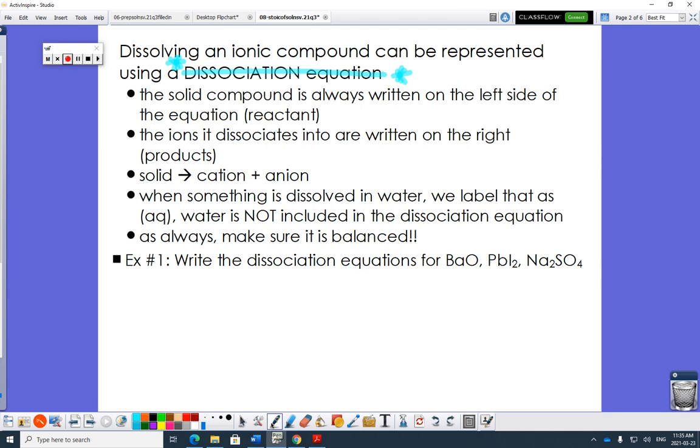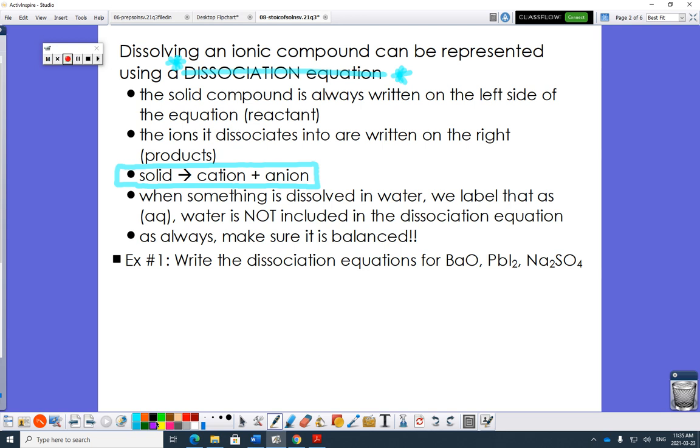So find your highlighter. This third bullet is the general form, and the first two describe it in words.